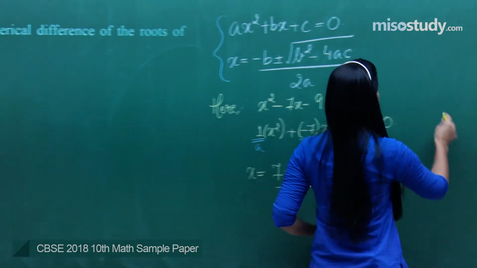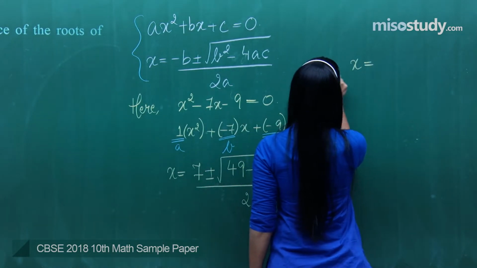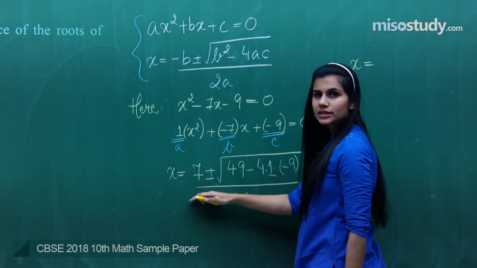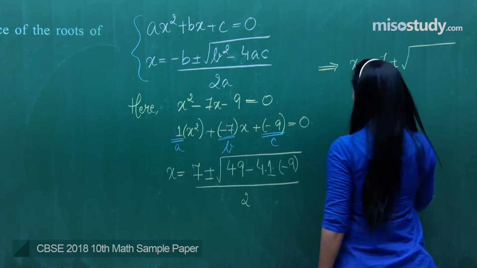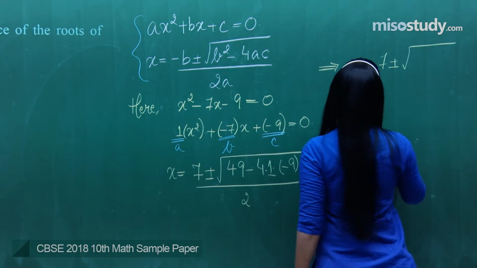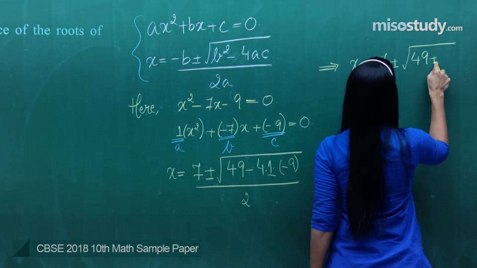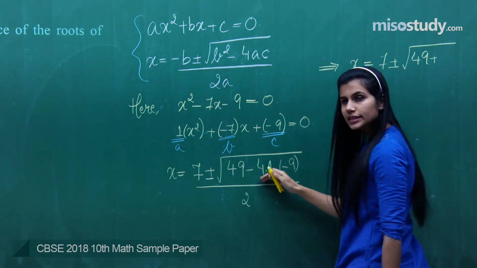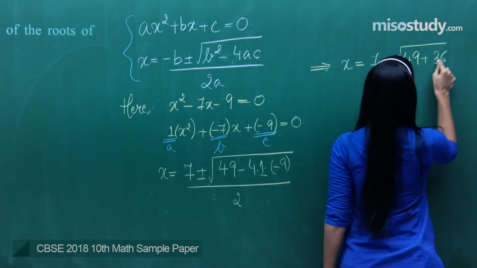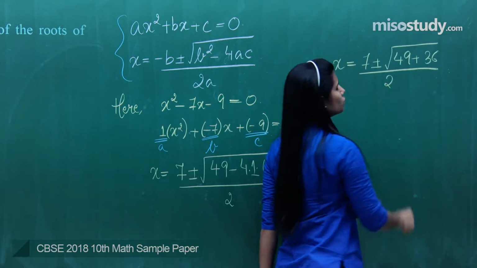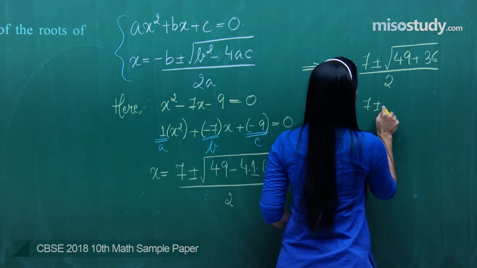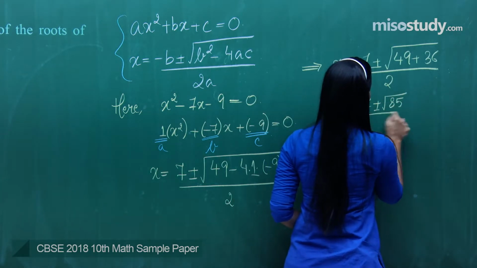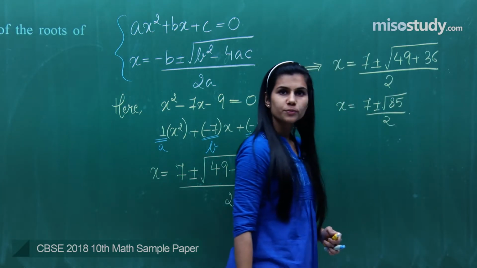What do you get then? You get x is equal to 7 plus minus under root 49 plus 9 into 4 is 36, whole upon 2, which gives me x is equal to 7 plus minus root 85 upon 2.